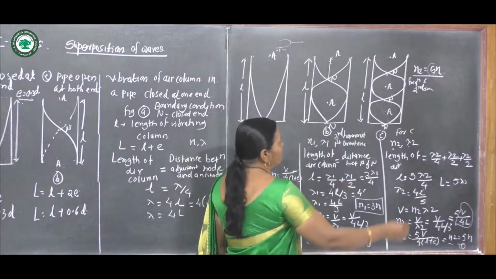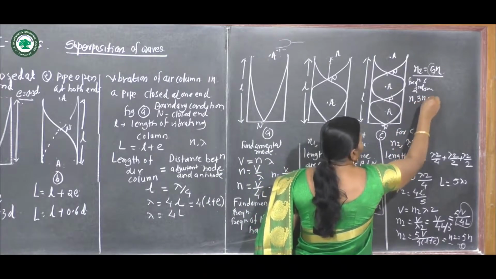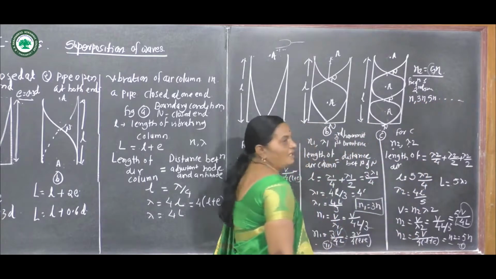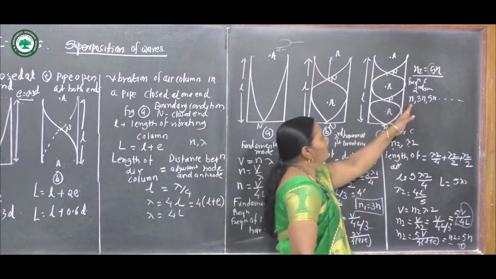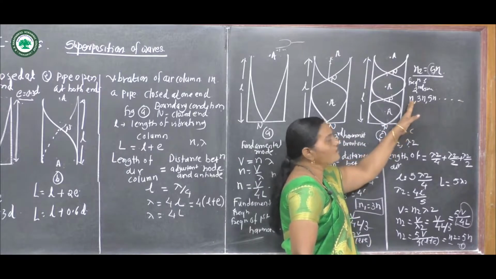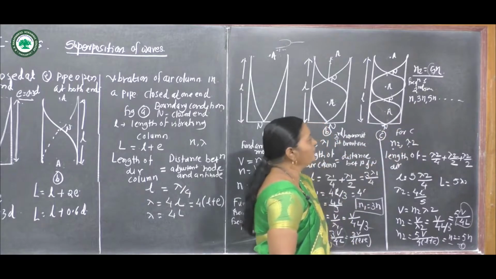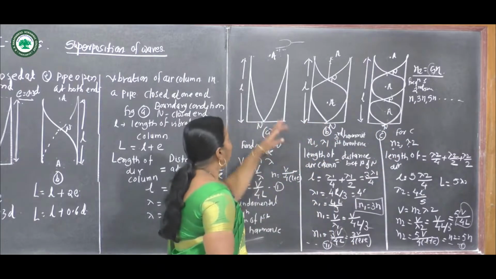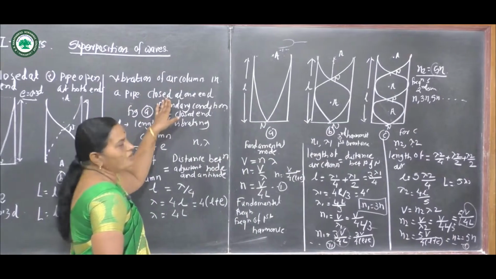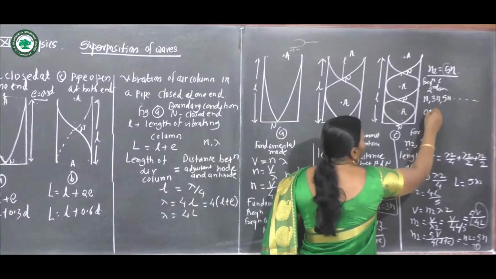consist of the frequencies n, 3n, 5n, etc. That is, we can say that the frequencies are n, 3n, 5n, these are the odd numbers. Therefore, we can say that the vibration of air column in a pipe closed at one end consists of only odd harmonics.